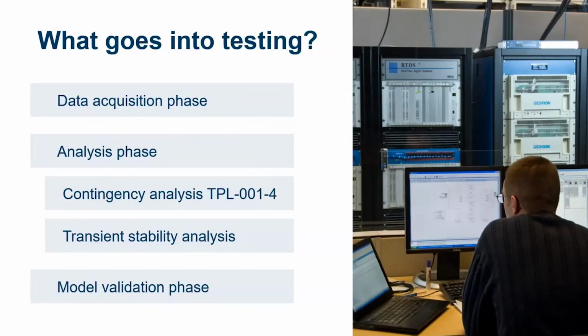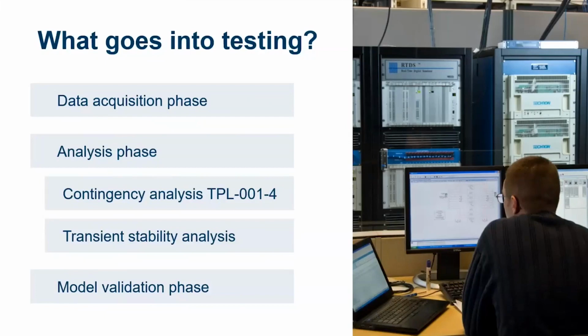This slide talks more about the process that goes into building an EMTP model for hardware-in-the-loop testing. A phase-gated approach is implemented. Data acquisition phase is the first phase wherein the power system model of the appropriate network is built. For example, the 2022 transmission network representing a heavy summer load. The second phase is the analysis phase.